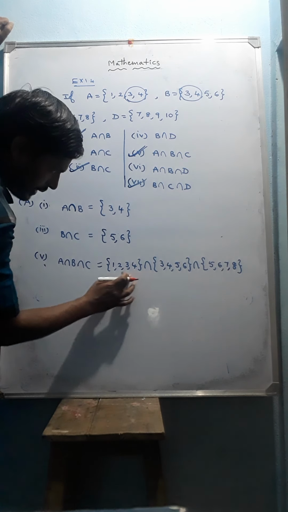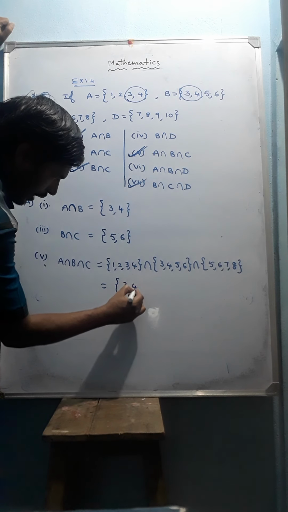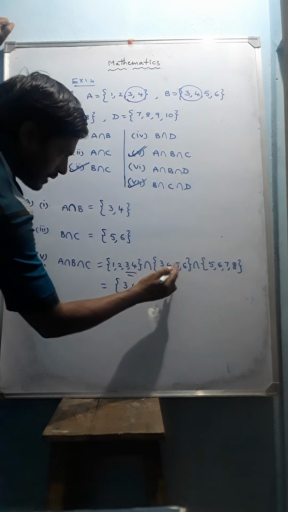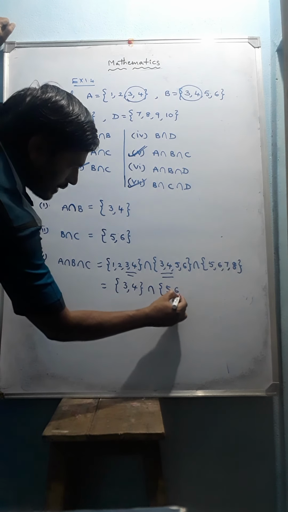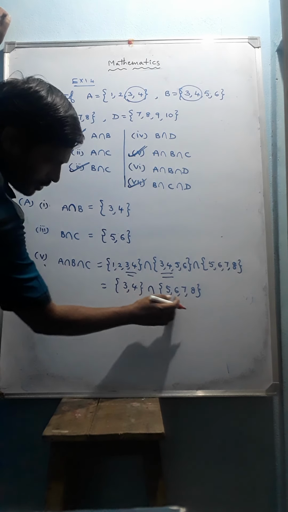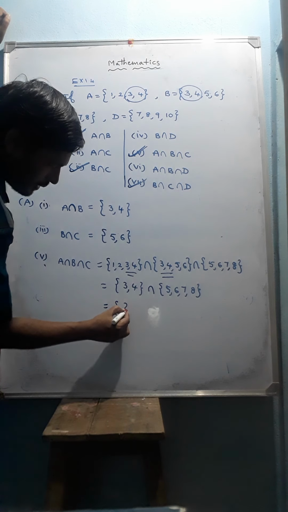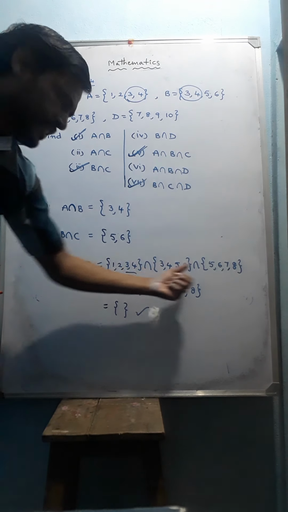From these two sets, which are common? 3, 4 are common elements. Next intersection, set of 5, 6, 7, 8. If you observe these two sets, is there any common element? There is no common element, so you have to keep it like this. That means null set. Otherwise you can write in a single step: null set.